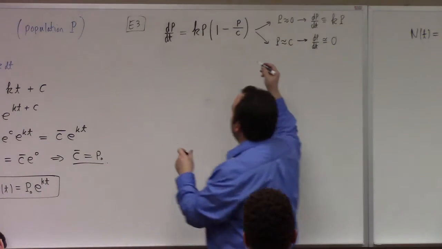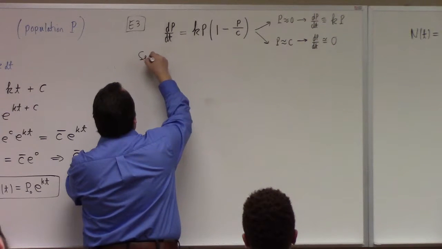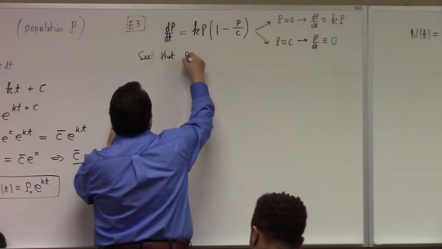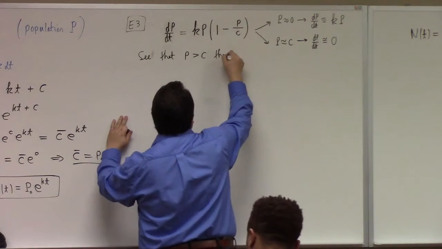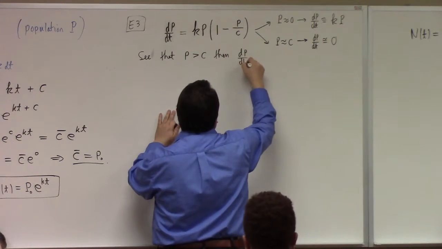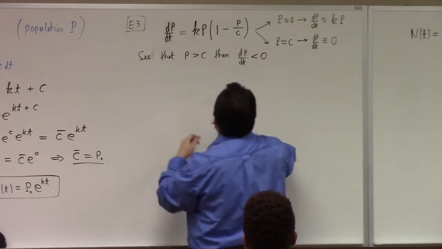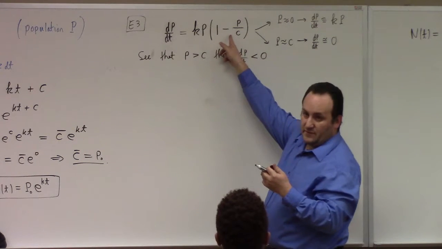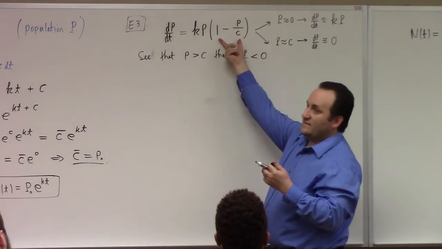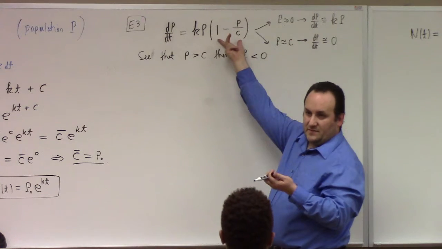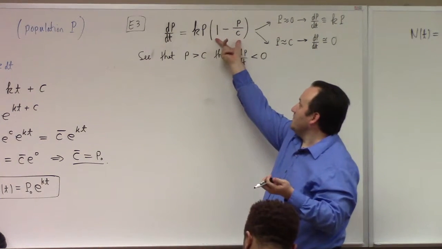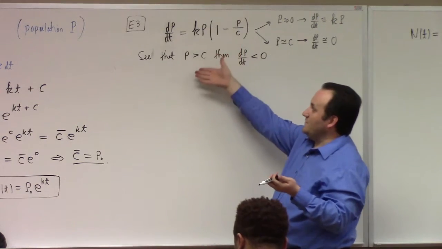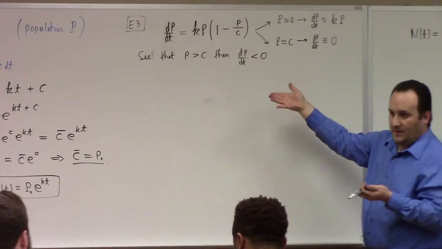You can see that if p is greater than c, then dp/dt is actually less than 0. If p is greater than c, that makes this factor larger than 1, and then we have 1 minus something larger than 1. P is population, so it's positive, and then dp/dt will be negative. So the population will decrease if the population is larger than the carrying capacity.